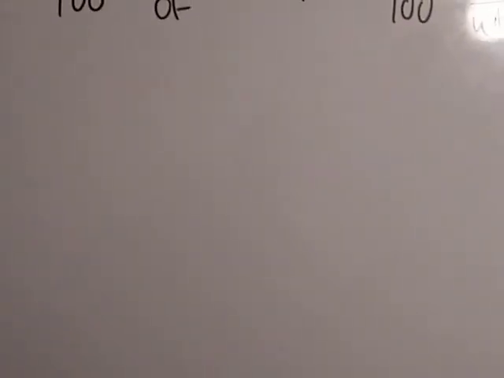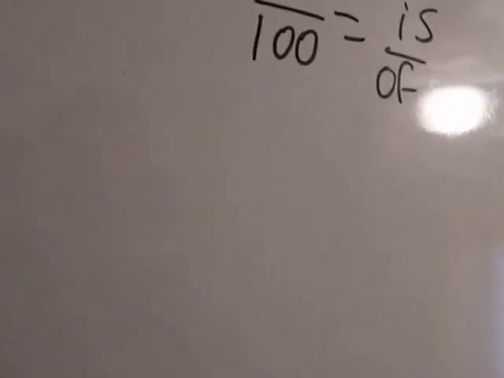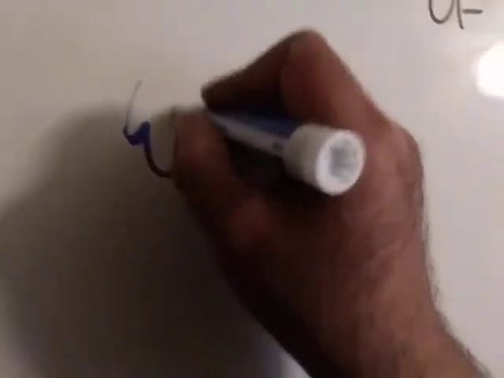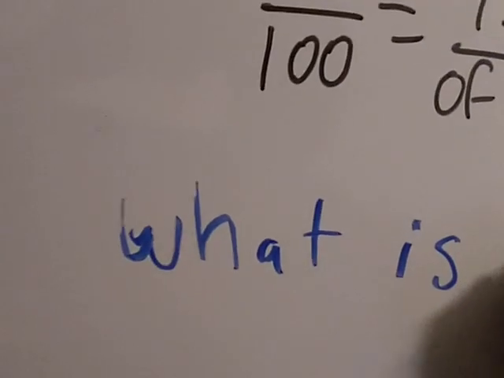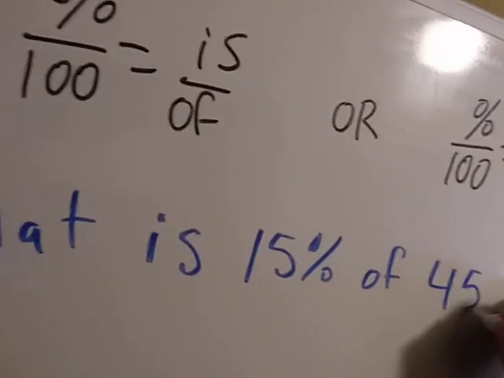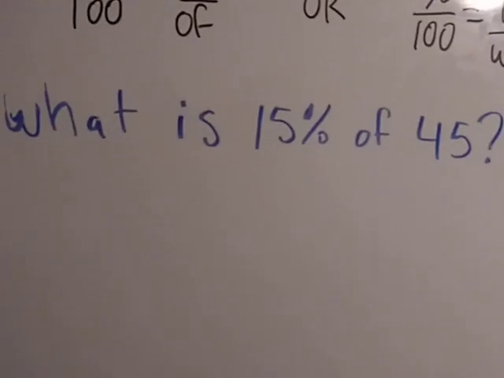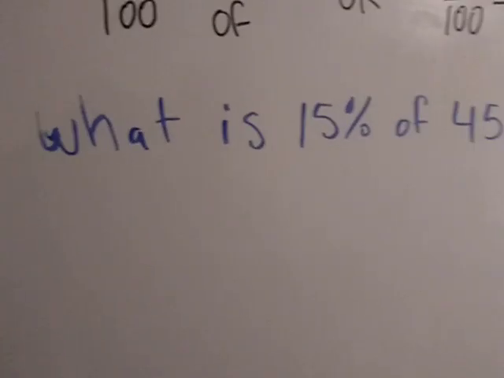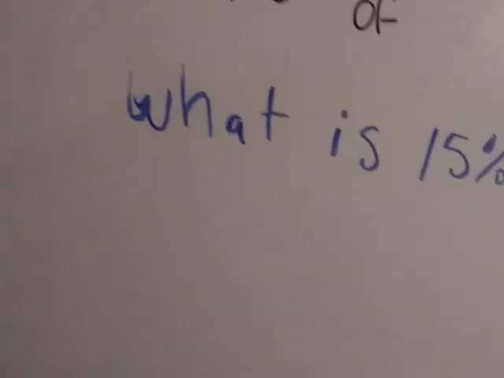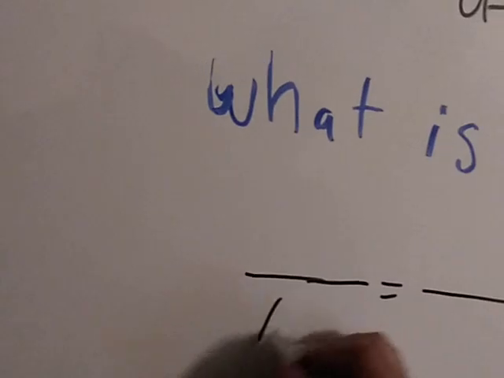Okay, so a common problem that you will find in determining percentages would be, for example, what is 15% of 45? The one thing that you will always know how to plug into the formula is the 100.